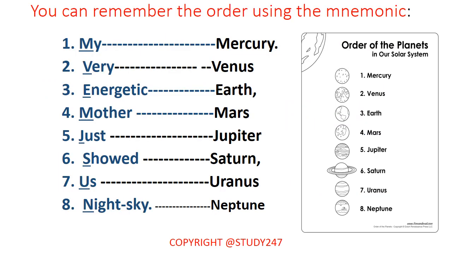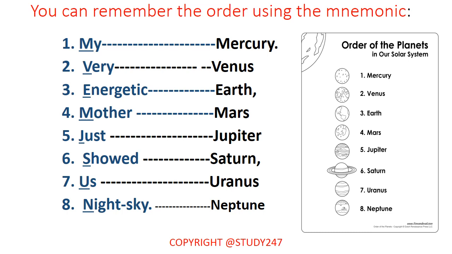You can remember the order using this mnemonic. The planets are Mercury, Venus, Earth, Mars, Jupiter, Saturn, Uranus, Neptune. You just remember the sentence: My very energetic mother just showed us the night sky.